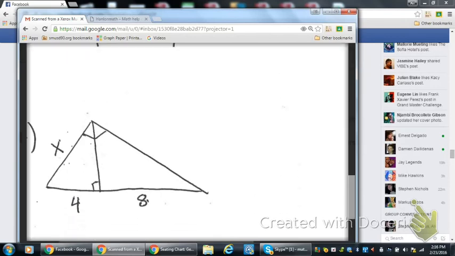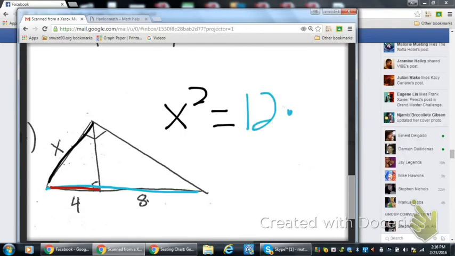This one is slightly different, so here's the way I like to recommend it. It's this side, one of the legs. This is the geometric mean between the hypotenuse and the segment of the hypotenuse adjacent to that leg. So what the heck does that mean? That means we start off with our x squared. Then you take the whole bottom side, so it's 12. And then what's the one closest to the leg? It's going to be 4.